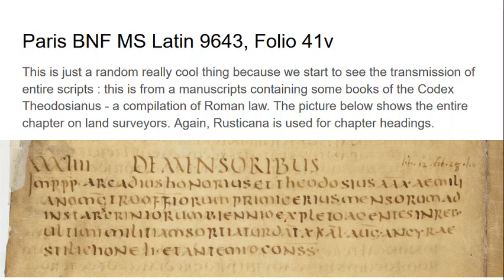Here is another one, because one of the reasons I love Uncial so much in particular is that with Uncial we start to see the transmission of texts that are written in the Middle Ages themselves. All of the scripts, all of the texts that we've looked at written in Litera Capitalis Rusticana up until now, these have been scripts that were written in the Roman era and then transmitted into the Middle Ages, whereas Uncial script is written during the time of the Middle Ages itself, in the sort of 6th, 7th, 8th centuries, etc. We get texts that are written in the Middle Ages itself, transmitted in Uncial.